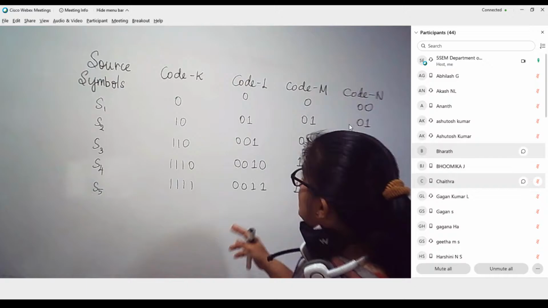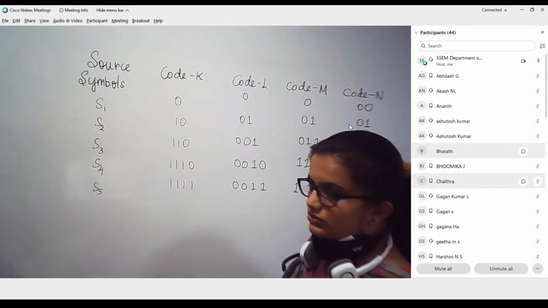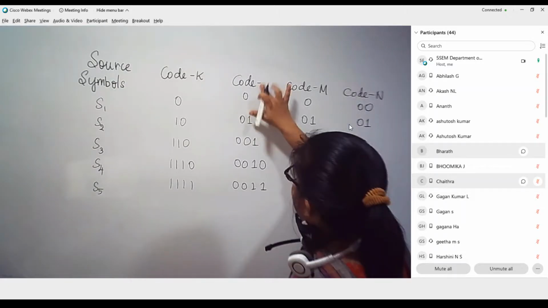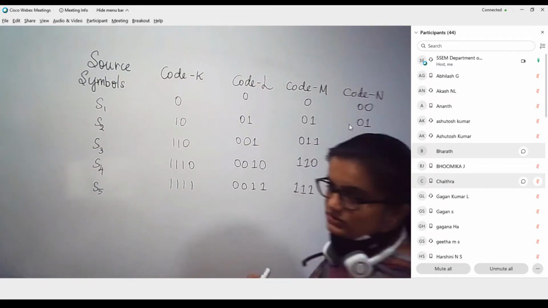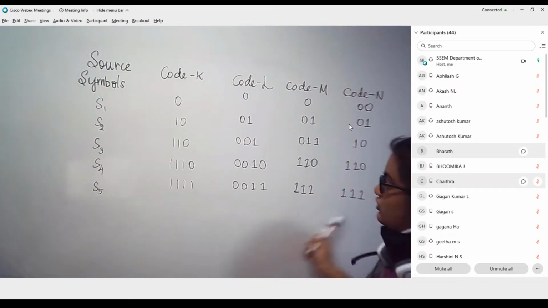That is one way. Also, we can verify manually. So by looking at these 4 sets of codes, can you tell me which one out of the 4 is an instantaneous code, or which one is not? We have discussed this in the previous class also with an example. So I want you to recognize the instantaneous code among these 4.